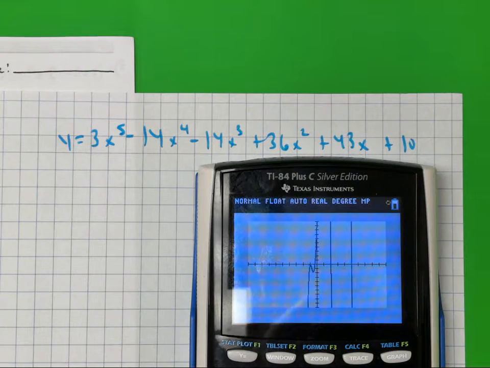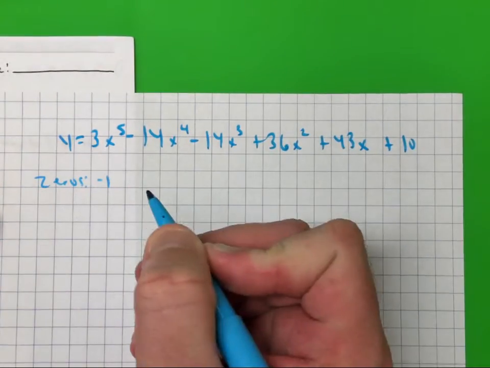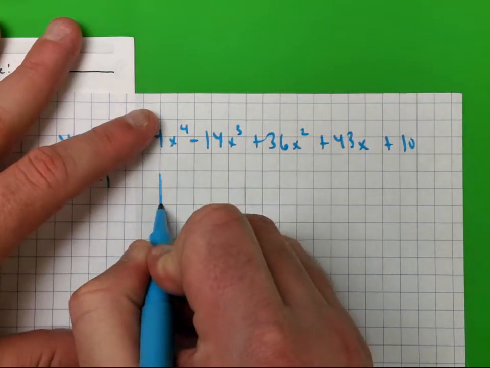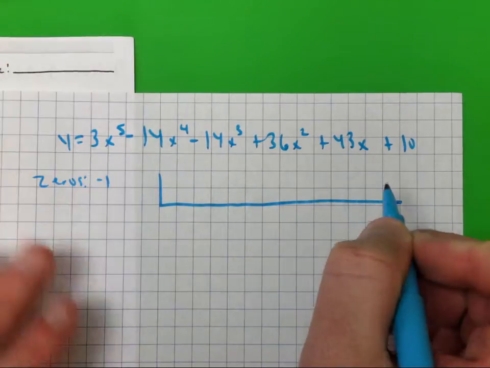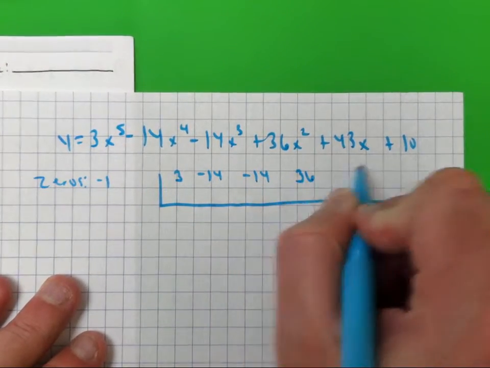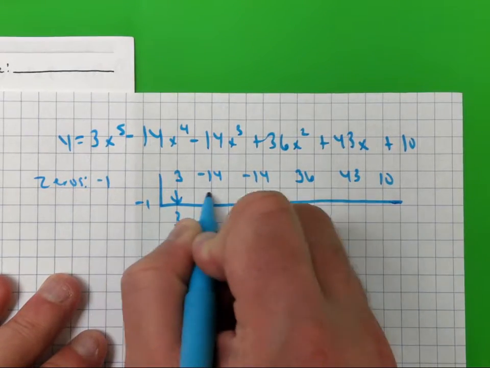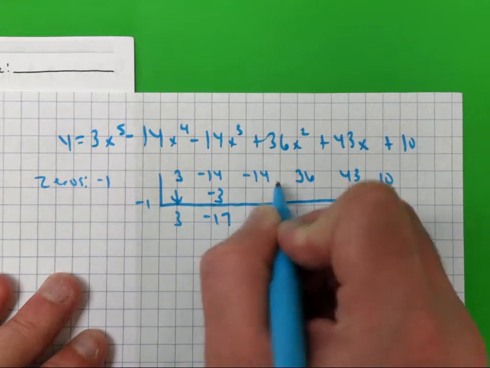It clearly touches at -1, so I'm going to use that, start my zero list. -1. I'm going to break this quintic down into a quartic. Do your synthetic division.